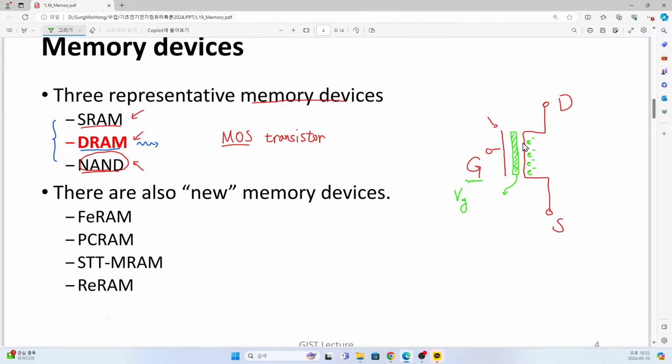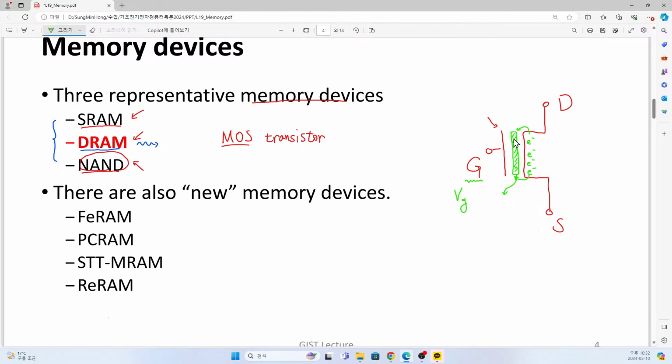Yes, we have learned that difference, the barrier height is about 3.1 electron volt. However, since we have applied much higher voltage, even that high potential barrier can be overcome, and electrons are just stored in this silicon nitride layer.